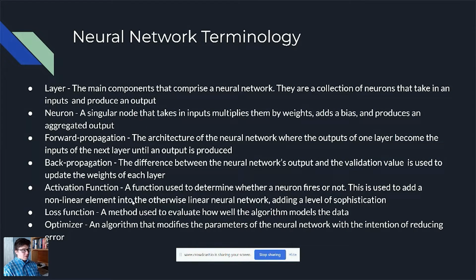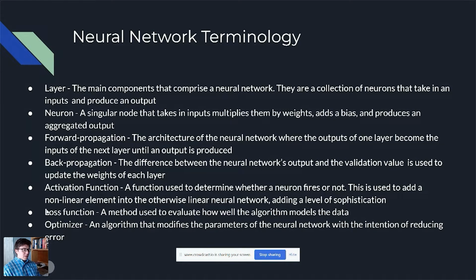Activation function. So this is where neural networks get creative. If you see the structure of a neural network, you'll notice that it looks very linear. So activation functions essentially choose which neurons fire and which don't, and that adds a layer of non-linearity to the neural network to give it a more sophisticated method of producing outputs.